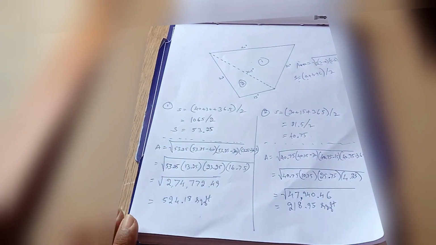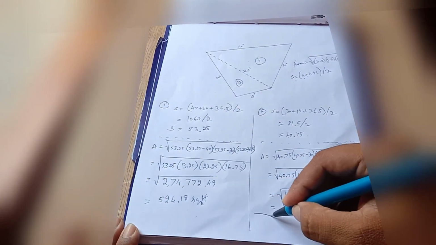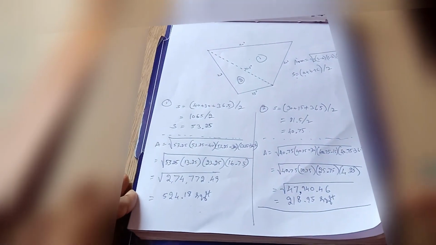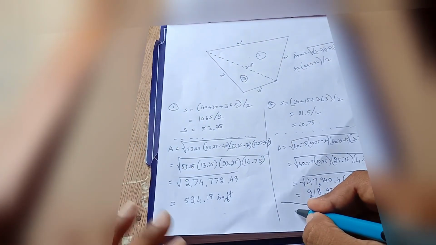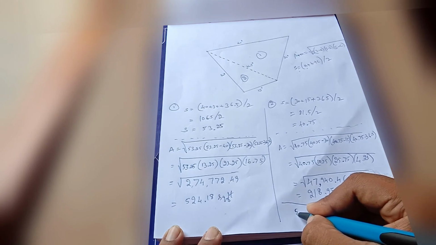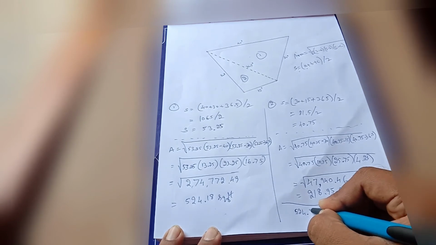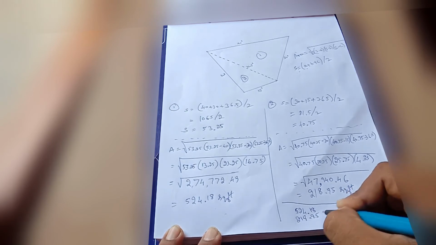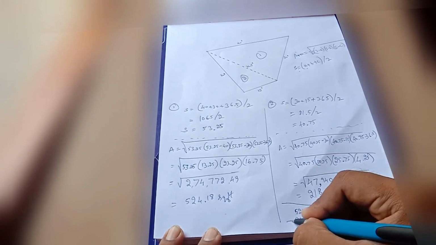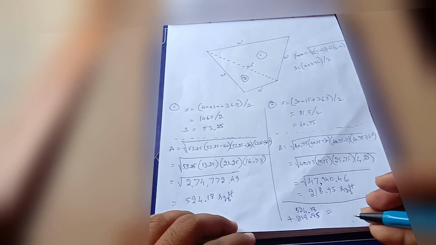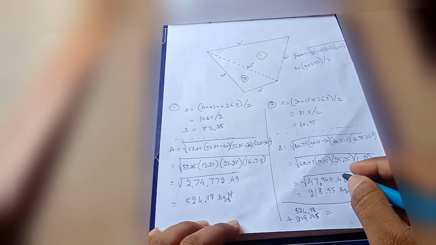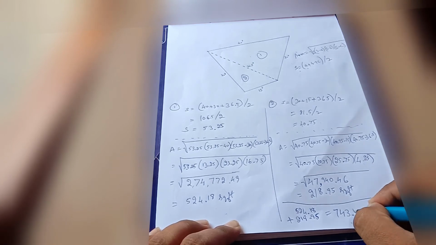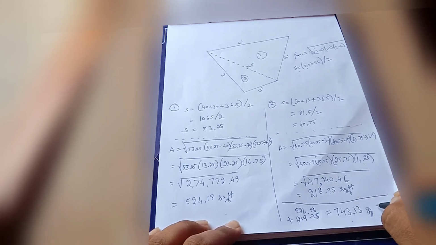Let's add the first and second numbers. When we add, we get 743.13 square feet.